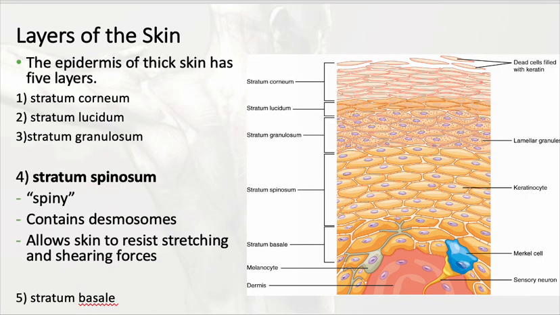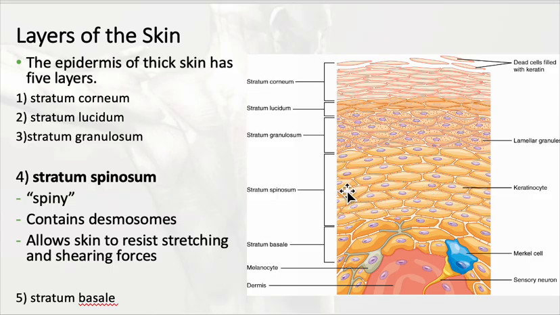Now, those keratinocytes made in the stratum basale will move upward, and the layer above is called the stratum spinosum. As keratinocytes are pushed upward and they enter the stratum spinosum, this layer appears spiny under a microscope. So that's what the word spinosum is referring to.